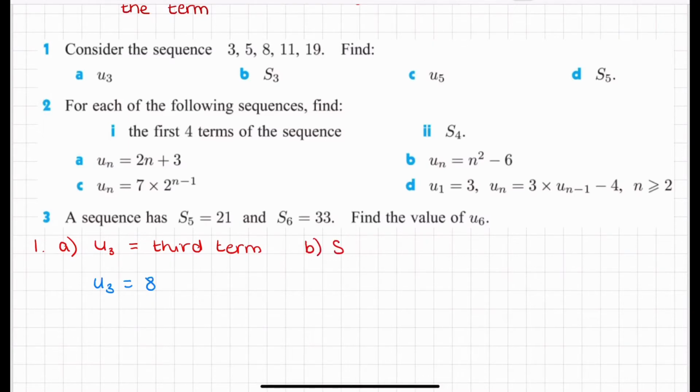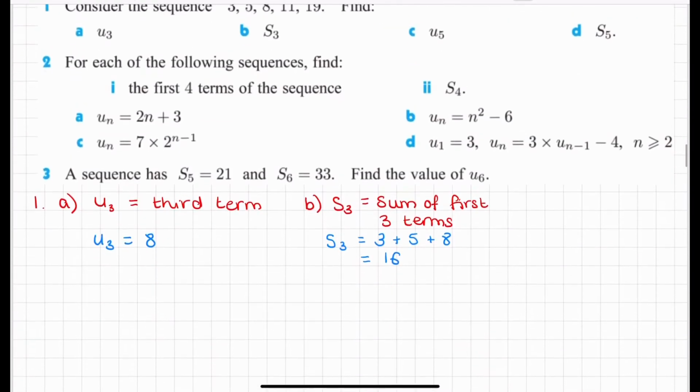Now S3 equals the sum of the first 3 terms. The first 3 terms are 3, 5 and 8, so it would be 3 plus 5 plus 8, and that equals 16. So that's the difference between a term number and the sum.